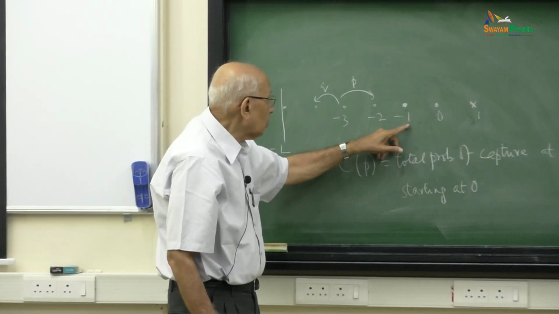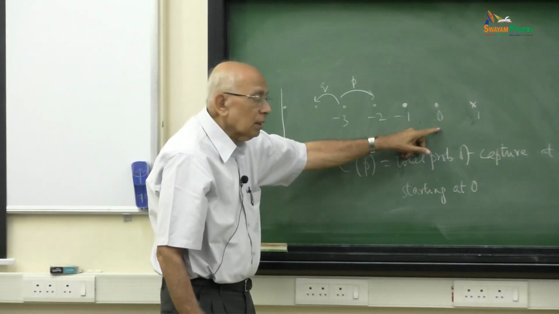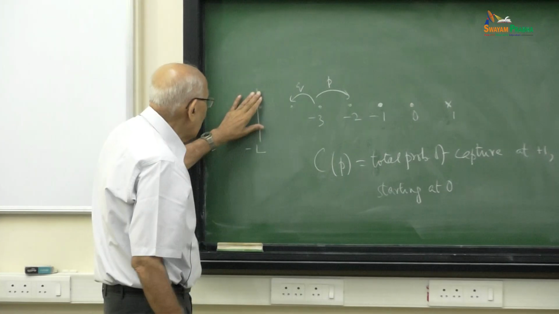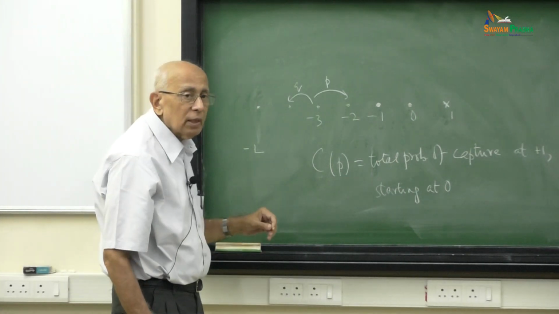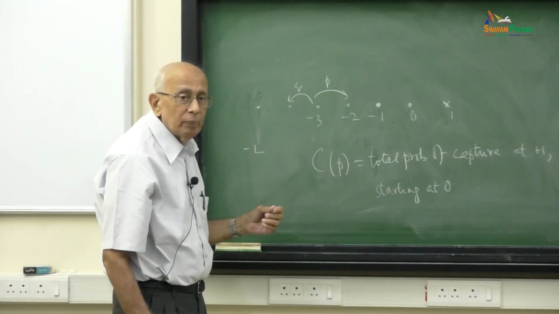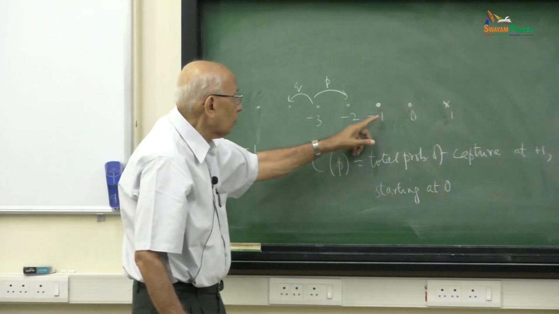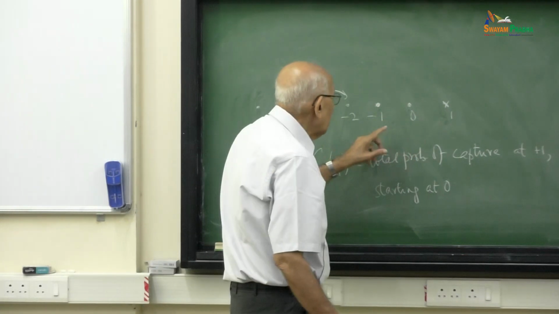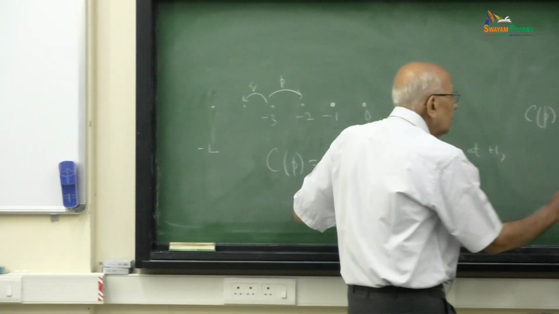Because the point -1 is L-1 away from this, but this is distance L away from this barrier. So the fact that you have an infinite lattice to the left is very crucial, that this process is translationally invariant. The probability of going from here to here, the total probability, is the same as that of going from here to here. Okay. But the probability of starting at -1 and going to 0 is C of P.